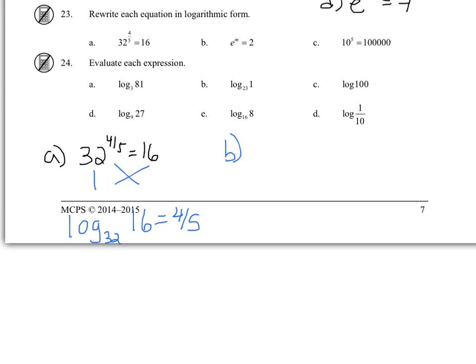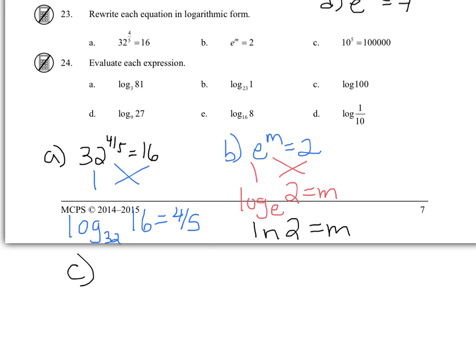For b, log base e of 2 equals m, but we don't leave log base e. We have to rewrite that as ln of 2 equals m. And then for c, that's going to be log base 10, which we don't write, of 100,000 equals 5.